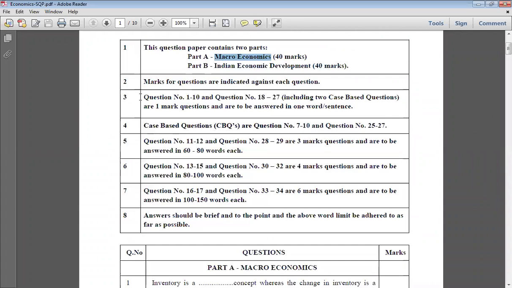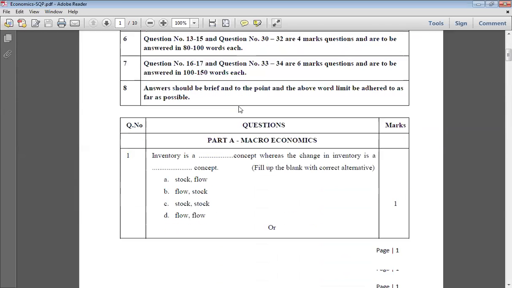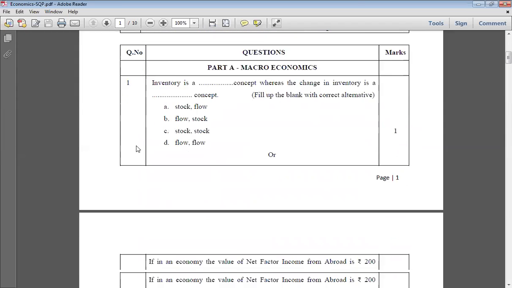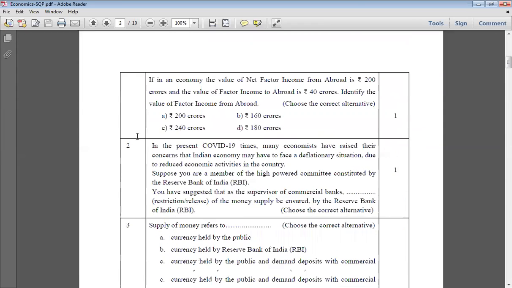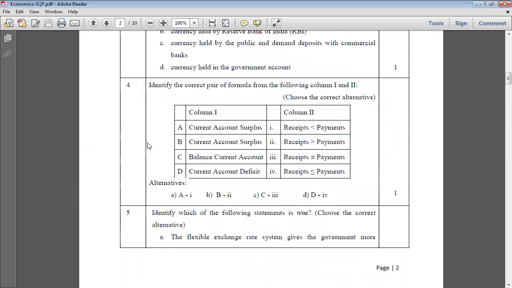So this is what I shared with you yesterday. Questions number 1 to 10 are your MCQs, carrying 1 mark each. Question 4 consists of match the following.